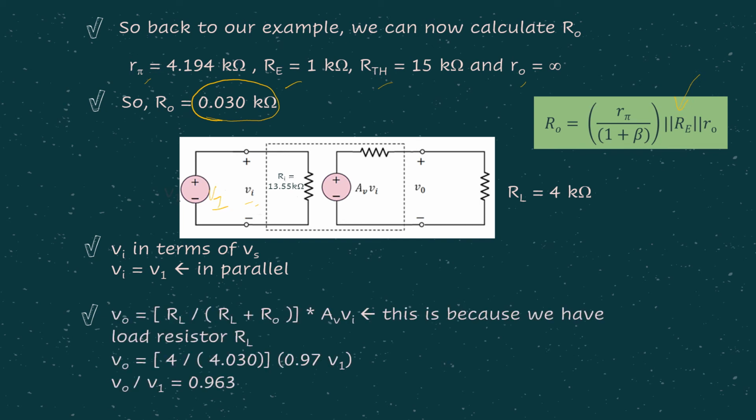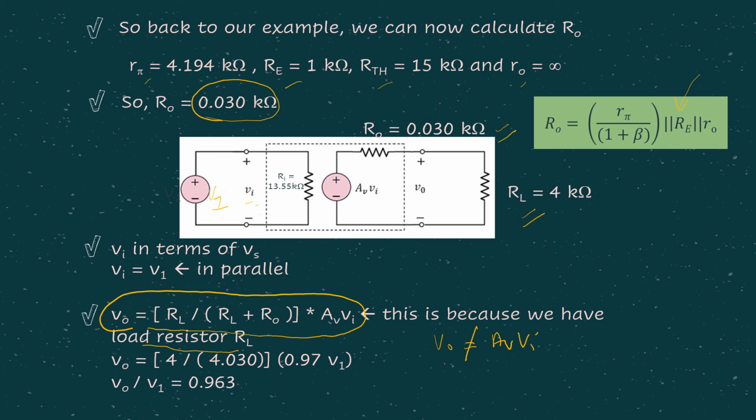Then later we consider the output side. In this case, this is our R0, which we already found from the formula. This is our RL, the load resistor. In this step, we cannot say V0 equals AV Vi anymore. Why? Because now we have a load resistor. So we need to do voltage divider, and that's why we need to find the R0 value, because in voltage divider we need to consider R0 as well.